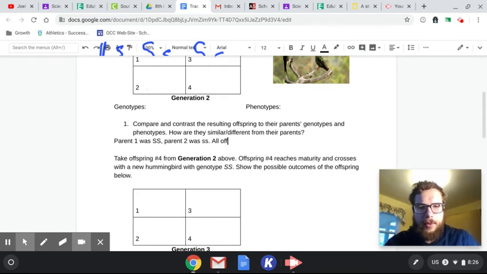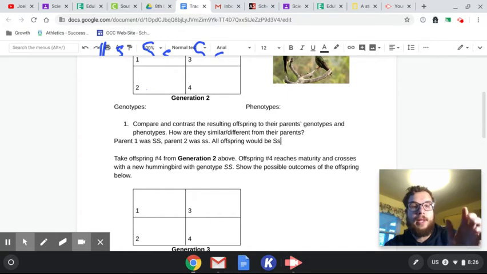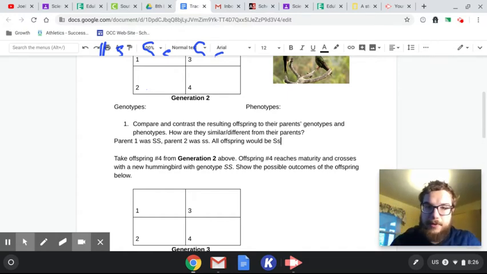All offspring would be big S, small s. So in terms of comparing the genotypes, the offspring are all going to be different from the parents, right? There's no offspring that are going to be big S, big S. There's no offspring that are going to be small s, small s. All offspring would be big S, small s.